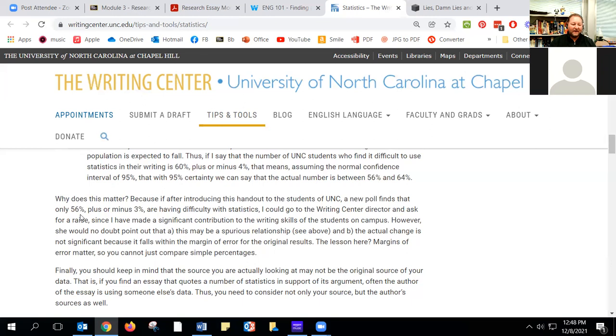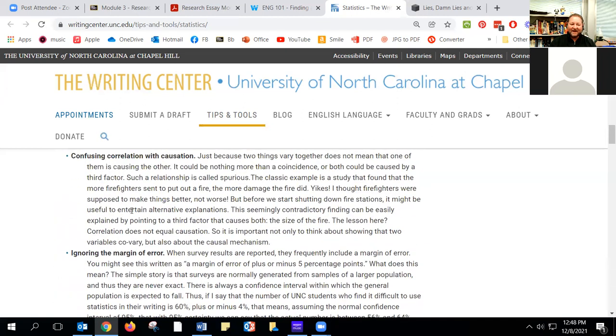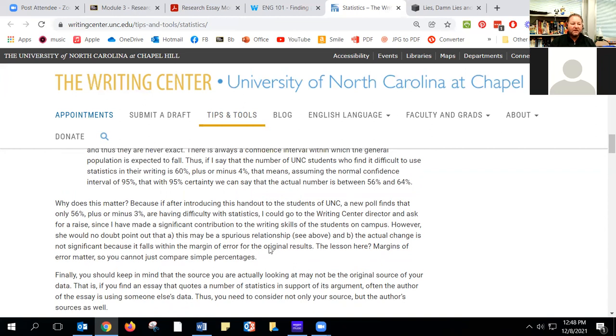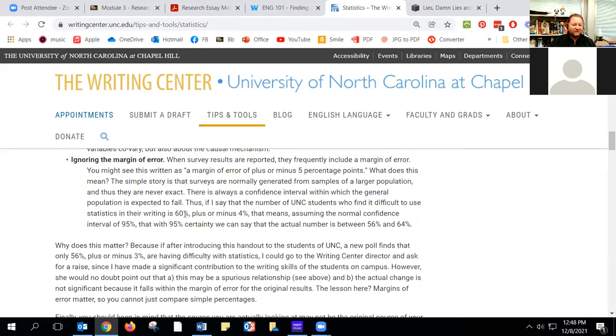However, she would now no doubt point out that A, this may be a spurious relationship. That's where it's not causation. It's just happenstance correlation, right? Or B, the actual change is not significant because it falls within the margin of error for the original results, right?